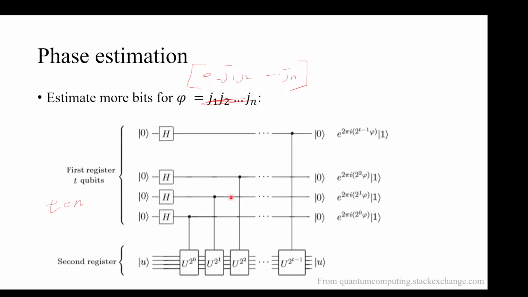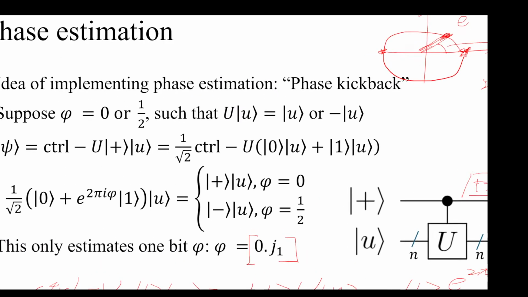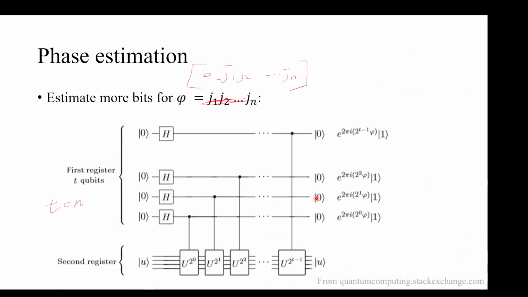And then you see that it's similar to the previous one. Oh, why is this weird? Okay, not sure why the picture here is bad, but we are missing a whole bunch of plus signs here. And we claim that the end result is that you have 0 plus e to the some phase times 1. Okay, and I guess it's kind of obvious, because what each qubit does is independent of the others.